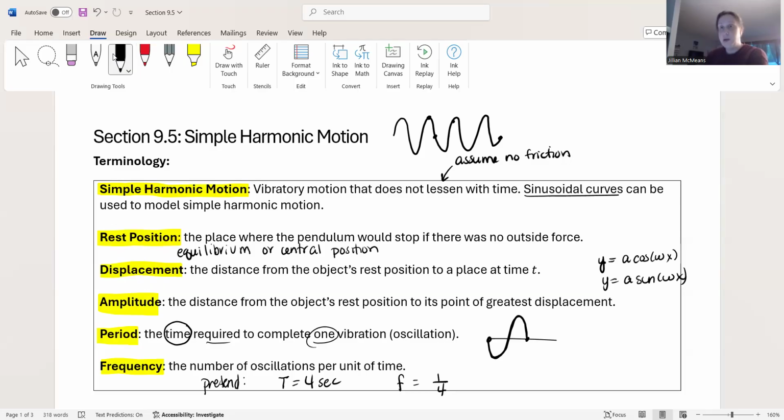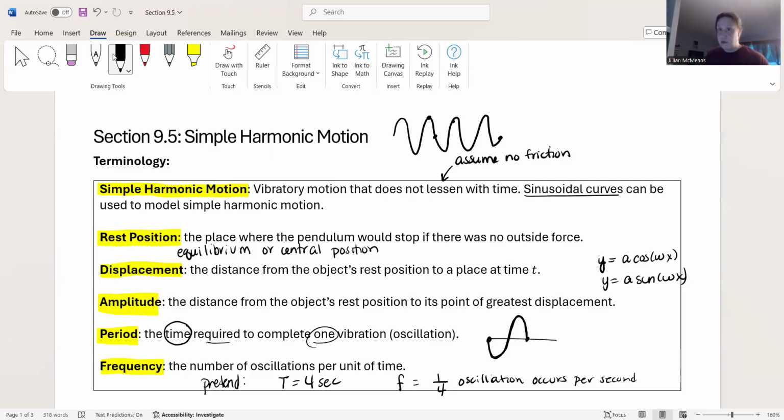If one full oscillation takes 4 seconds, then 1/4 of an oscillation occurs per second. There are going to be at least a few questions that talk about the period and the frequency here. That is the terminology that you for sure need to know.